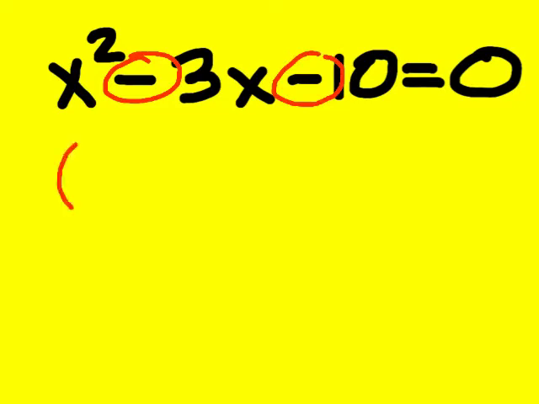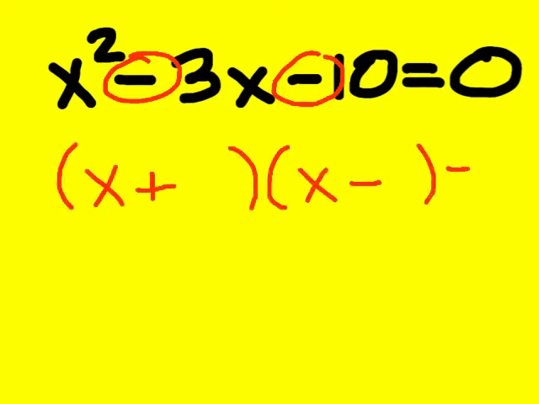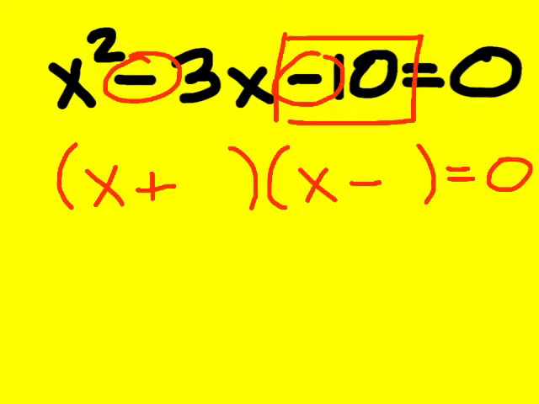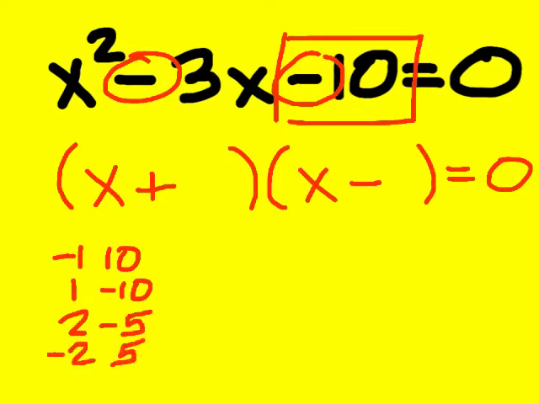Minus minus means you're going to have a plus minus combination in your factoring. So I need 2 numbers that multiply to get negative 10, which means they have to be plus minus, but they add to get negative 3. So your only choices are negative 1 and positive 10, or 1 and negative 10, 2 and negative 5, negative 2, or positive 5.